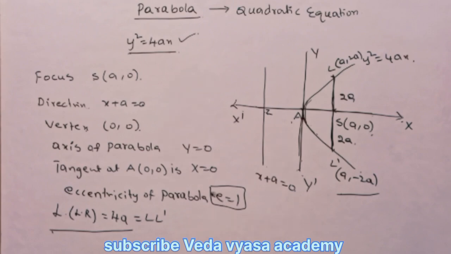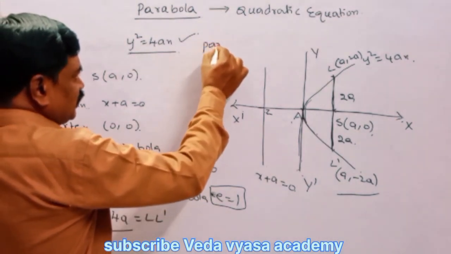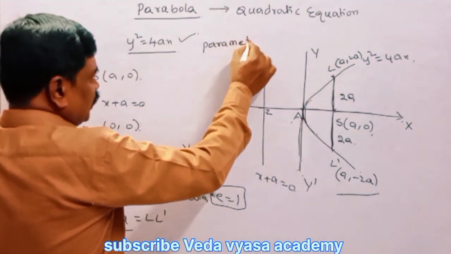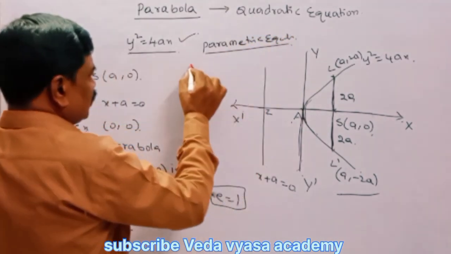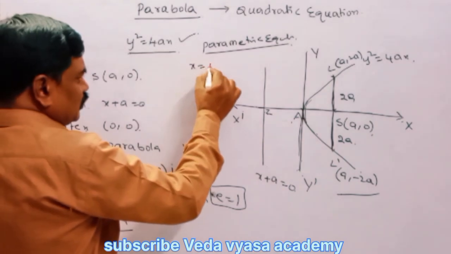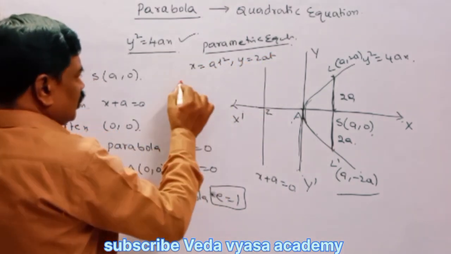And one more, the parametric equations of the parabola. For this one, x is equal to at square and y is equal to 2at.